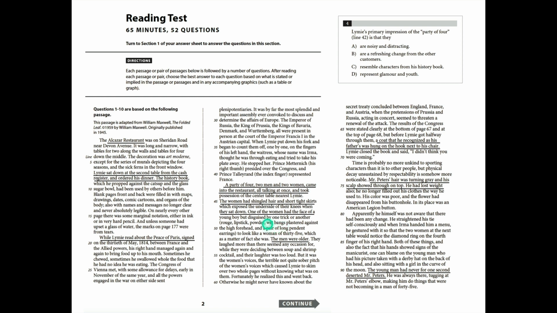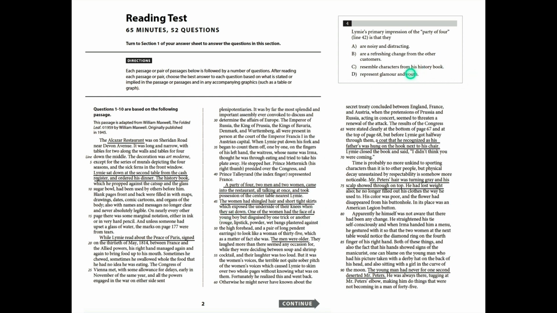Young. One of the women had the face of a young boy, okay, and D says they represent glamour and youth. You got youth in an answer here, and you got the face of a young boy, okay.